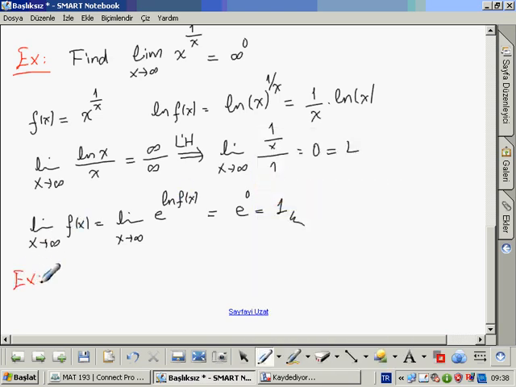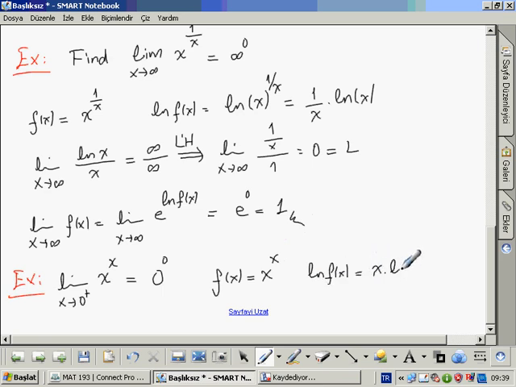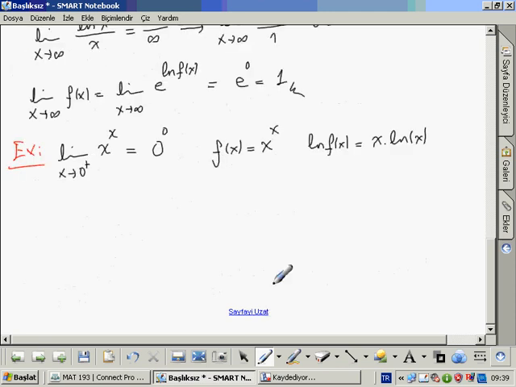Let me give you another example. A popular one is the limit as x approaches 0 from the right-hand side of x to the power of x. We know that it's equal to 0 to the power of 0, but if you take f of x as x to the power of x, then ln f of x equals x times ln of x, right?